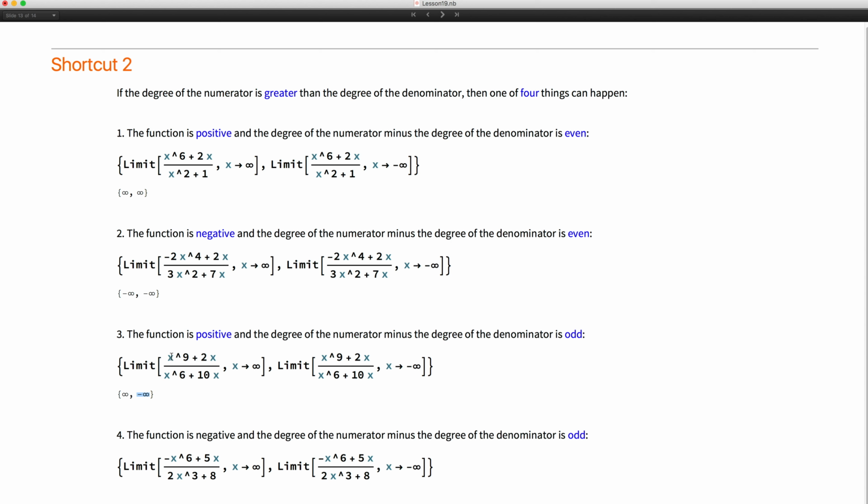After all, roughly speaking, there is x raised to 9 over x raised to 6. That's x cubed. So as x becomes large, you get infinity. And as x becomes very large and negative, you get negative infinity.